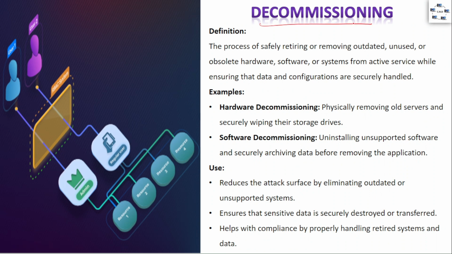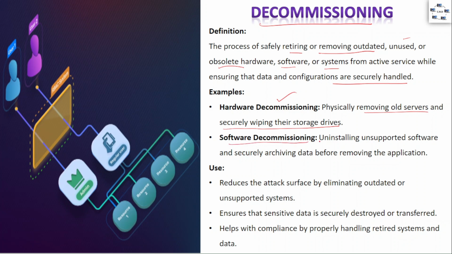Decommissioning. So what is decommissioning? It is the process of safely retiring or removing outdated, unused, or obsolete hardware, software, or systems from active service while ensuring that data and configurations are securely handled. Examples include hardware decommissioning, which is physically removing old servers and securely wiping their storage drives.